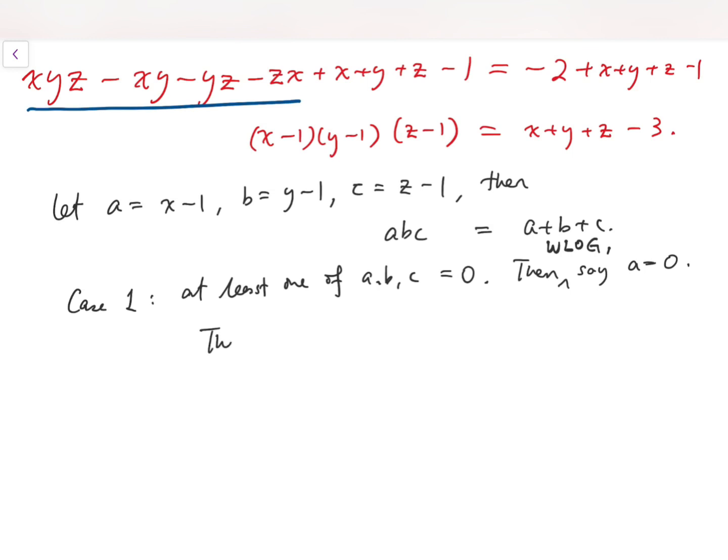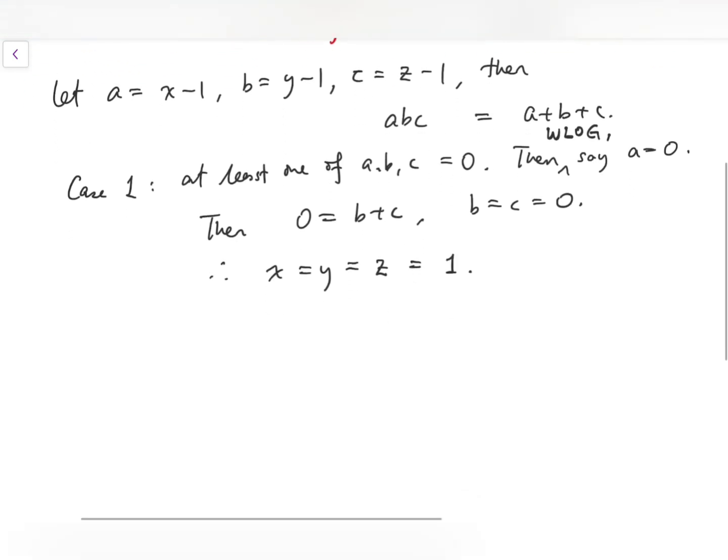Then 0 equals b plus c, and you know that they are non-negative, which means b equals c equals 0. Therefore x equals y equals z equals 1. So that's the first case.